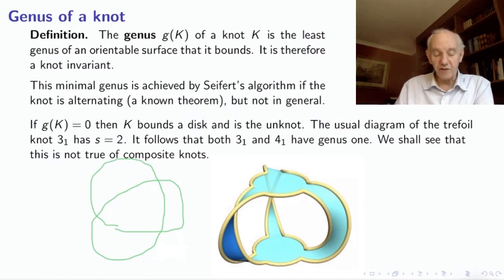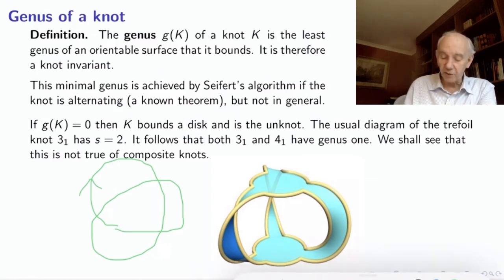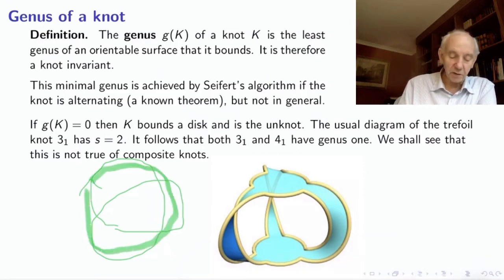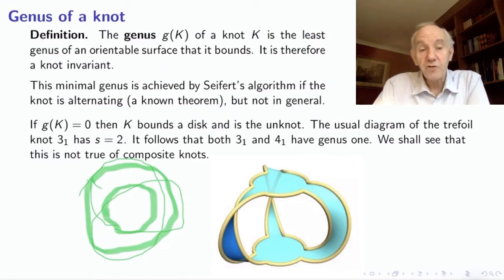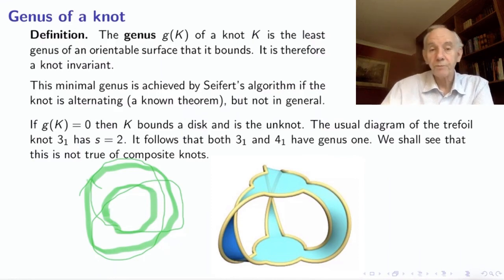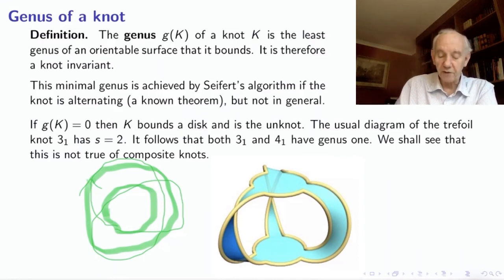When you orient it, you'll find that you just get 2 Seifert circles. One will be embedded in the other one. So we have 2 discs, and I put one on top of the other.